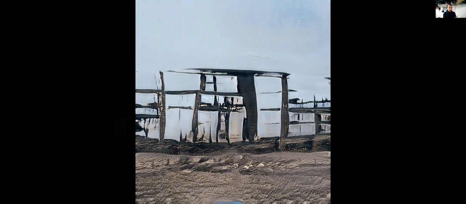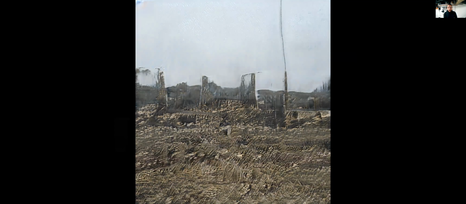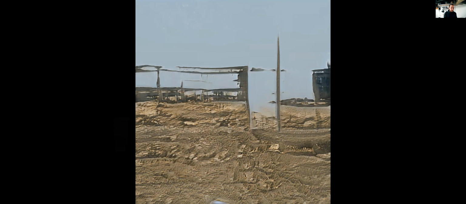One revolved around really strong horizon lines. And again, I think what's really fascinating with these images is they feel very foreign, but also really familiar at the same time.